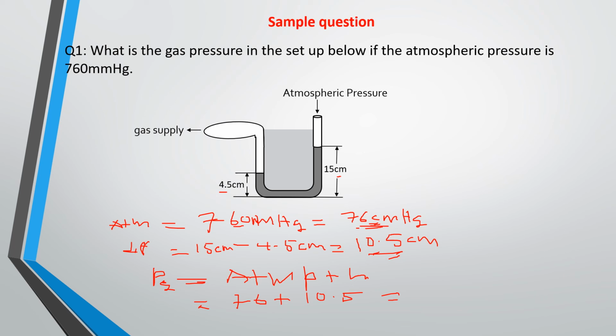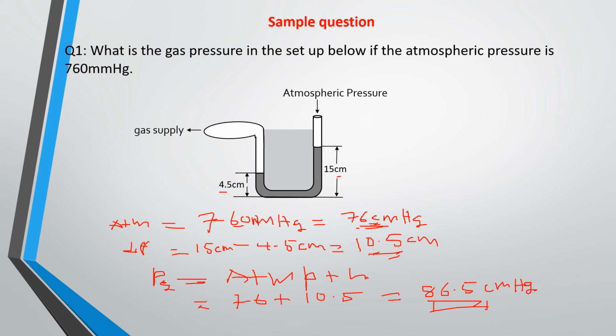Just add that up. When you add that up, you have 86.5 centimeter mercury. So that is the pressure of the gas.